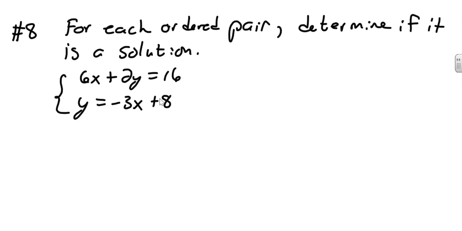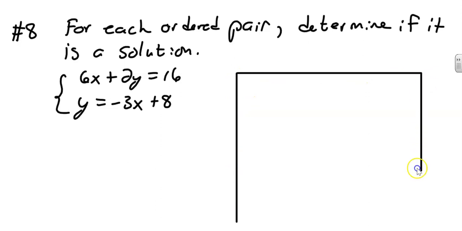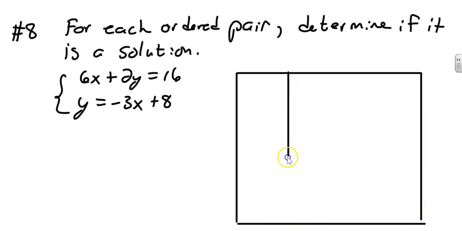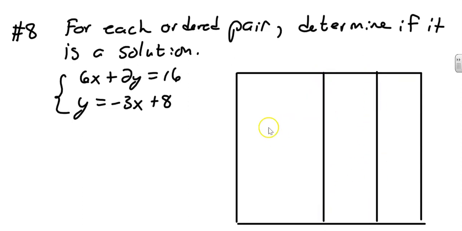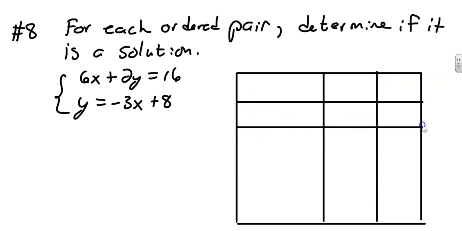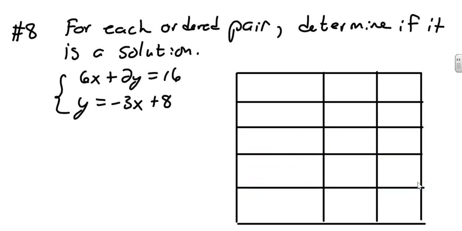And then the next thing they're going to do is they're going to give you a box of numbers. And they're going to ask you, okay, here's some ordered pairs. Just go back and tell me if this ordered pair is a solution or not.